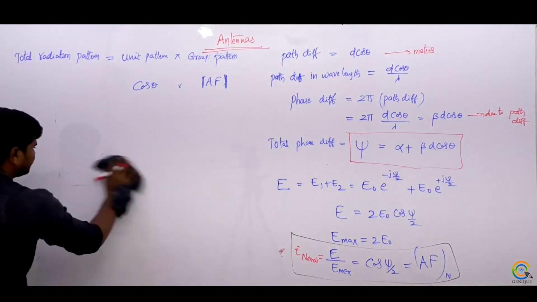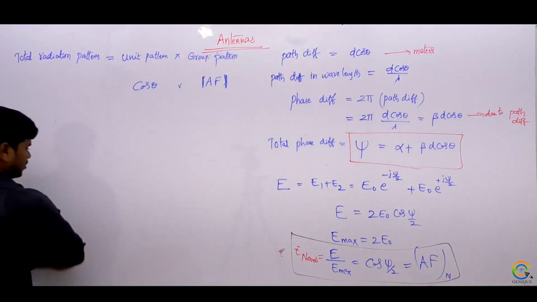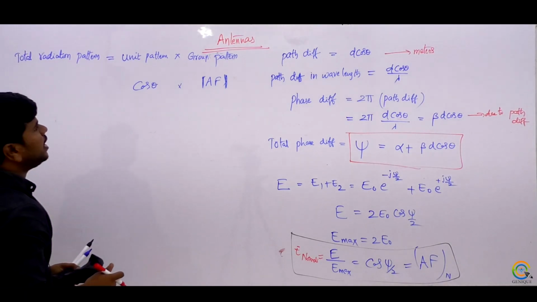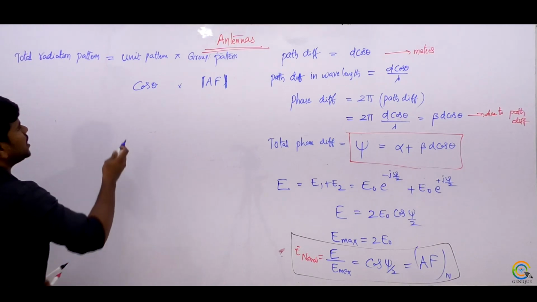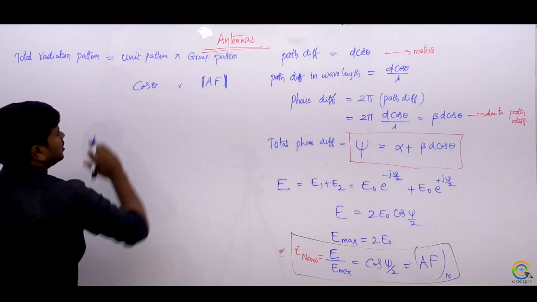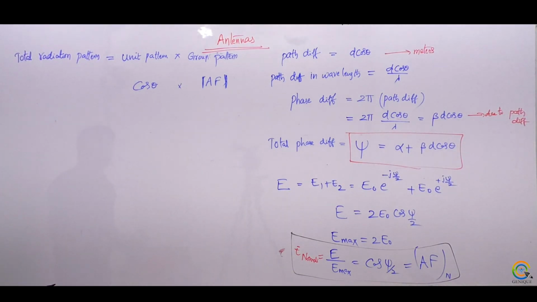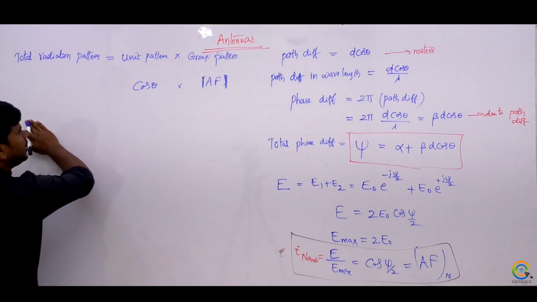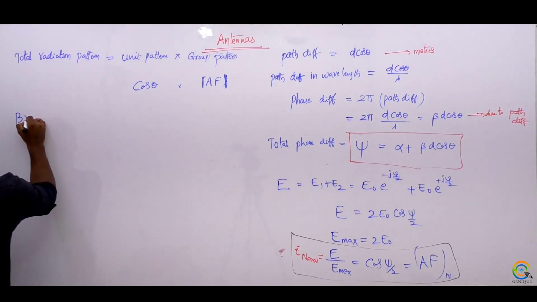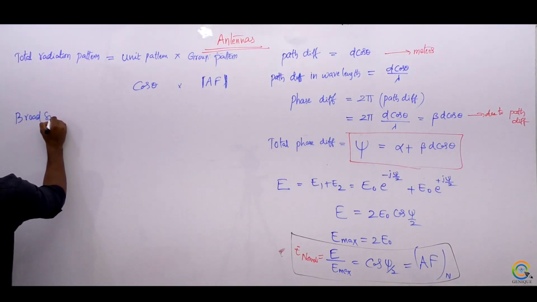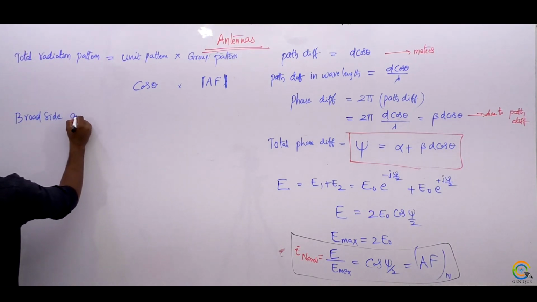Now if you observe this, this is cos theta into AF, so this is the total radiation pattern. Let us suppose it is a broadside array.